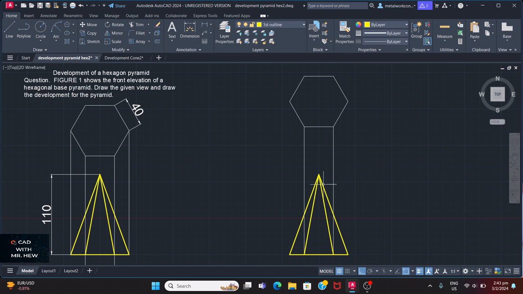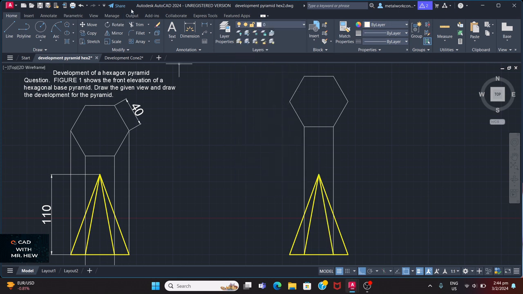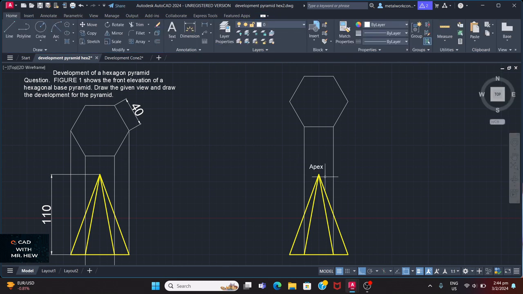All right, the next thing we're going to do now, we're going to draw an arc, a construction arc from the apex. So let me label the apex for you. This is the apex, which is the top of the pyramid. We could have labeled it A if we wanted. So now we are going to draw an arc.